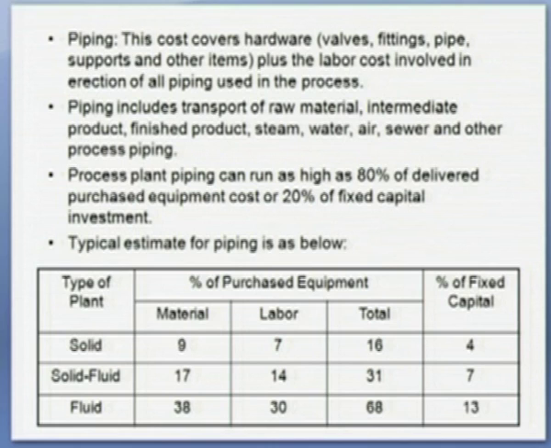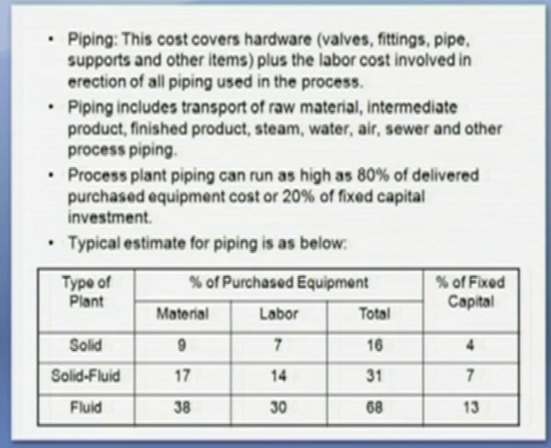Once again, I have listed here the typical building cost as a percentage of fixed capital investment. If it is a solid handling plant and a grassroots plant, then the building cost is typically 18% of fixed capital investment. If it is a new capacity addition, new units at an existing site, then it is 7%, and if it is expansion at an existing site, then it is 4%.